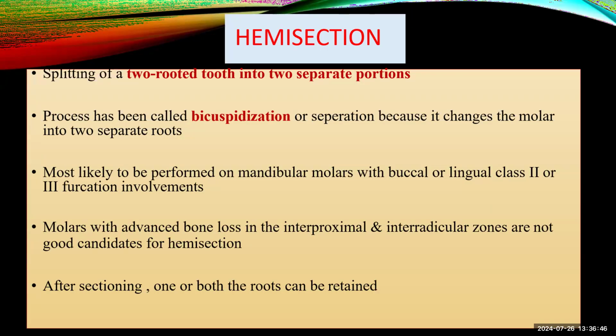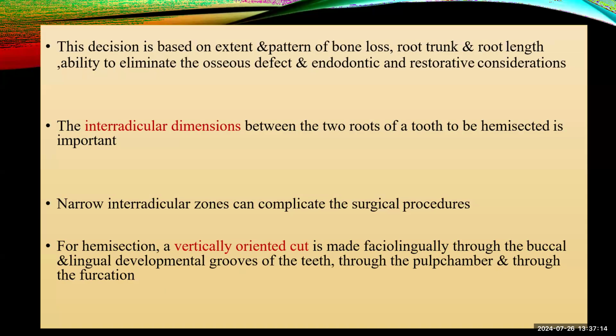Another procedure in resection is hemisection. This is basically splitting a two-rooted tooth into two separate portions. This process has been called bicuspidization or separation, because it changes the molar into two separate teeth. It is most likely performed on mandibular molars with buccal or lingual class 2 or class 3 furcation involvement. After sectioning, one or both roots can be retained.